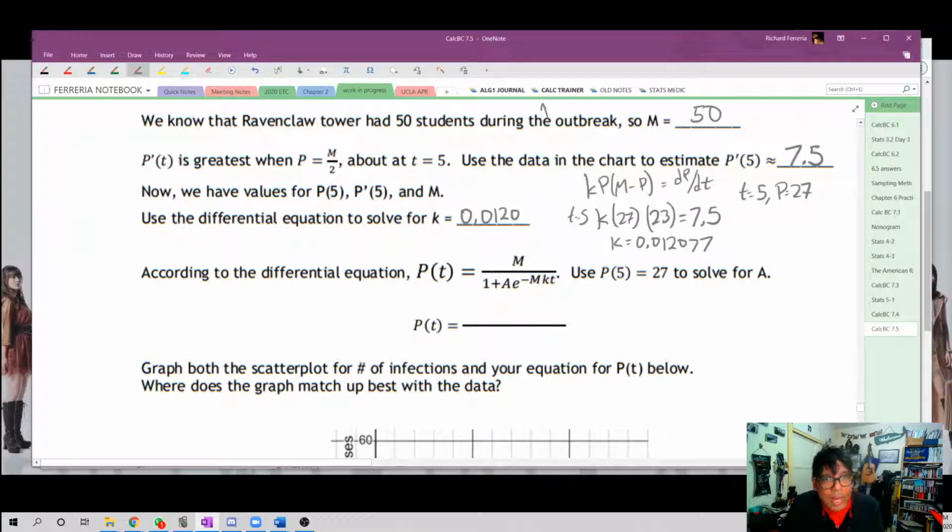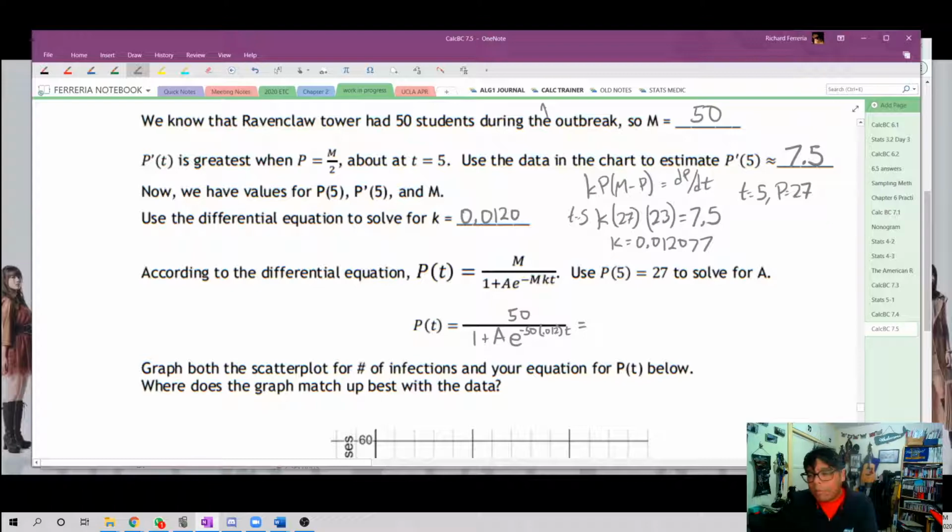So, what is m? m is 50. 1 is 1. I don't have a value for a, so I'm just going to put an a there. And this is going to be e to the negative m, so negative 50 multiplied by k, which is 0.012, multiplied by t. Now, of course, I'm not going to multiply by 0.012. I'm going to use as many digits as I can.